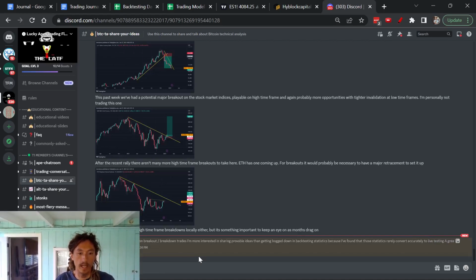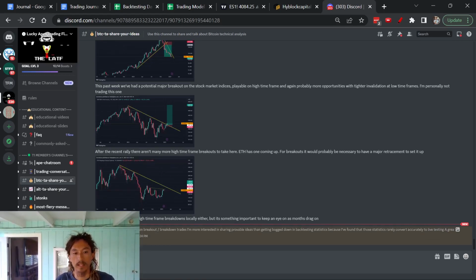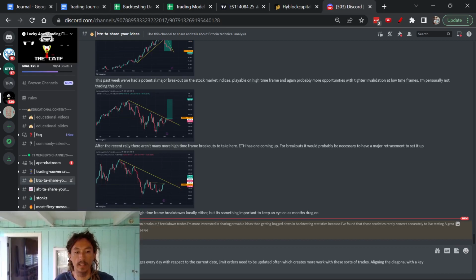One other thing to add, since a diagonal level changes every day with respect to the current date, limit orders need to be updated often, which creates more work with these sorts of trades. Aligning the diagonal with the key horizontal is a way to avoid this.